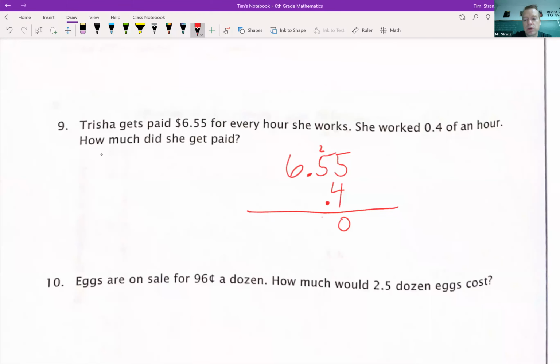Plus 2 is 22. Carry my 2. 4 times 6 is 24. Plus 2 is 26. How many decimal places do I have? Well, I got 1, 2, 3. So I have a total of 3 spots I have to move over. 1, 2, 3. So my answer is 2.620.